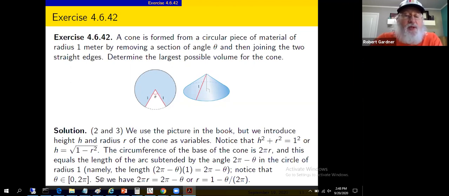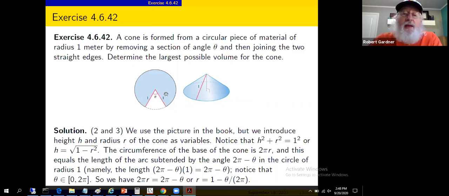We'll take theta to be between 0 and 2 pi. Let's include the endpoints. When theta equals 0, we didn't make a cut at all. We didn't remove anything, and so the resulting cone has height 0 and volume 0. I'm okay with that because, as you've seen, I want endpoints so I don't have to do some first or second derivative test stuff.